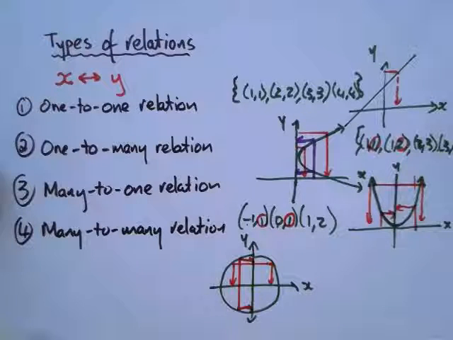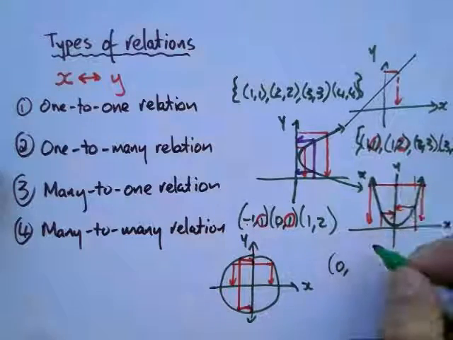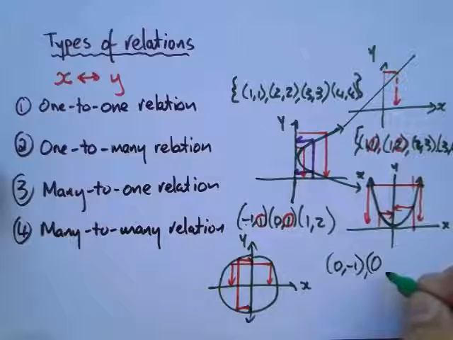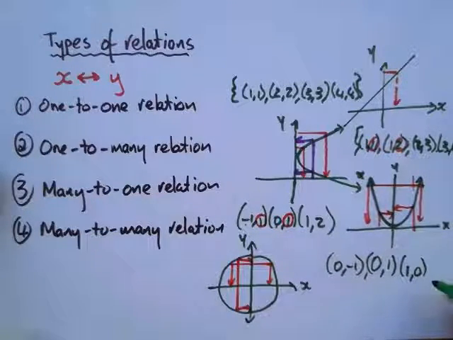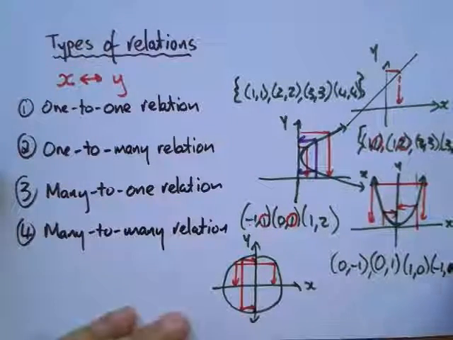And the example that we have there would be using the following. If I have (0,-1), (0,1), (1,0), and (-1,0).